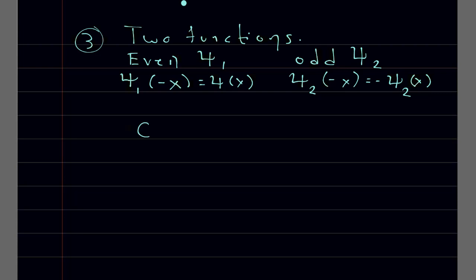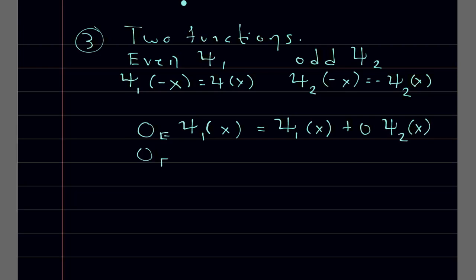Now let us act our operator. So what happens when O_E acts on psi1 of x? I'm going to get psi1 of x. That means I don't get the other function. What happens when O_E acts on psi2 of x?